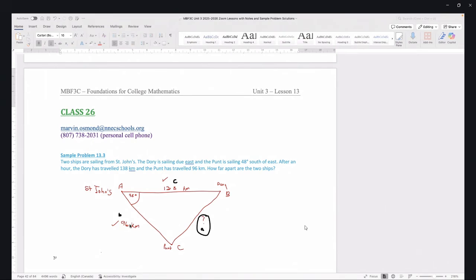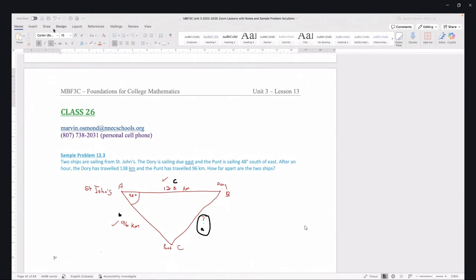So we had a side, an angle, and a side, but we didn't have an angle and an opposite side. Here we have 48 degrees, we didn't have the opposite side. Here we have the side, but we don't have the opposite angle. So in this particular example, we cannot use the sine law. So we have to use the cosine law.